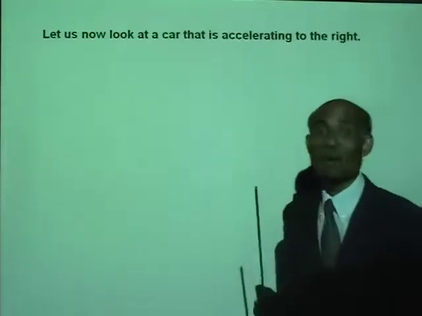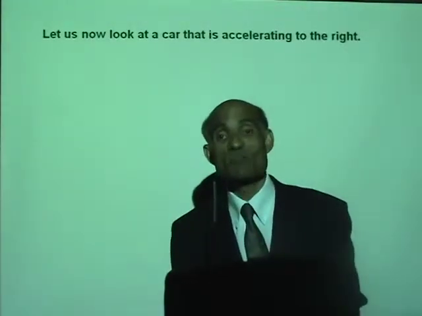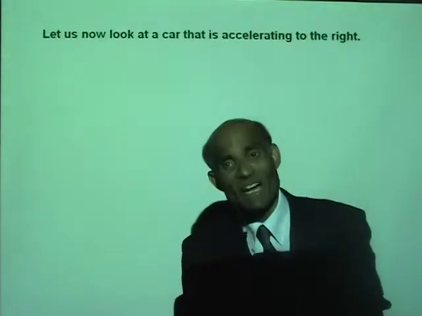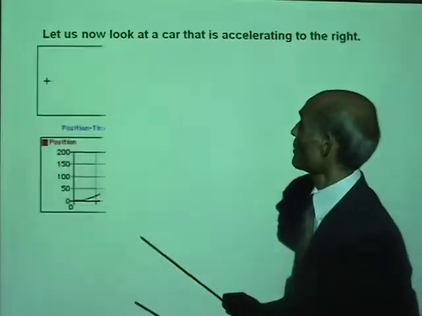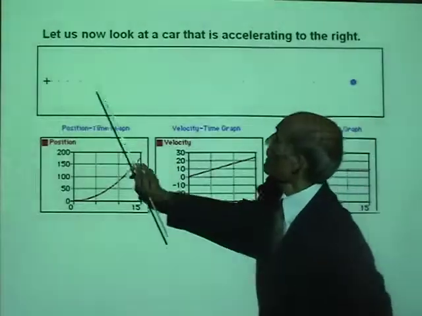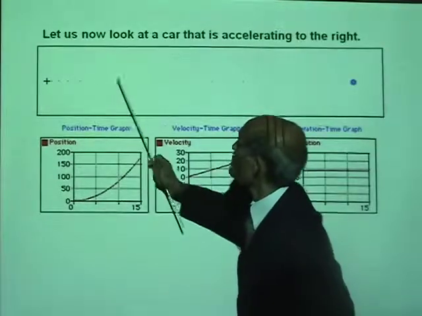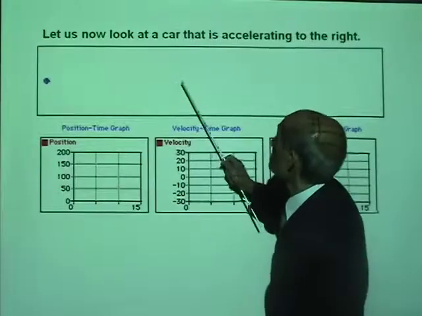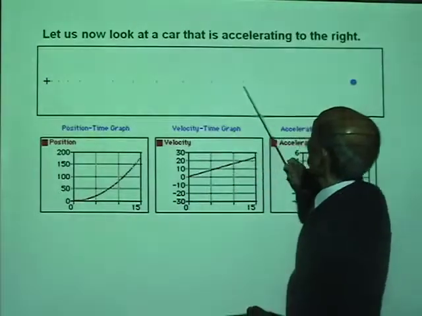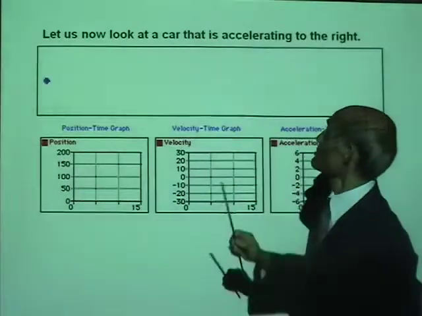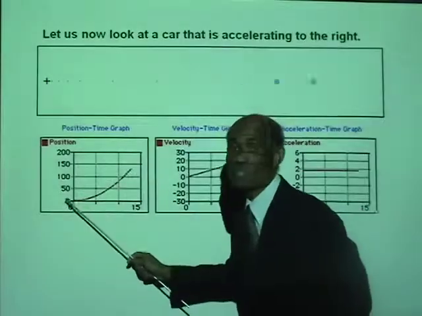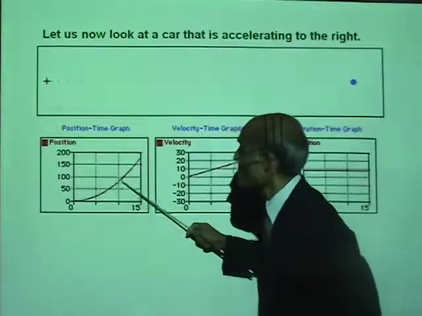I want you to now look at a car moving with an acceleration to the right. Alright, watch this. Each second the change in position is greater and greater and greater. Is that right? Yes. This is acceleration to the right. Now look at the position against time graph.